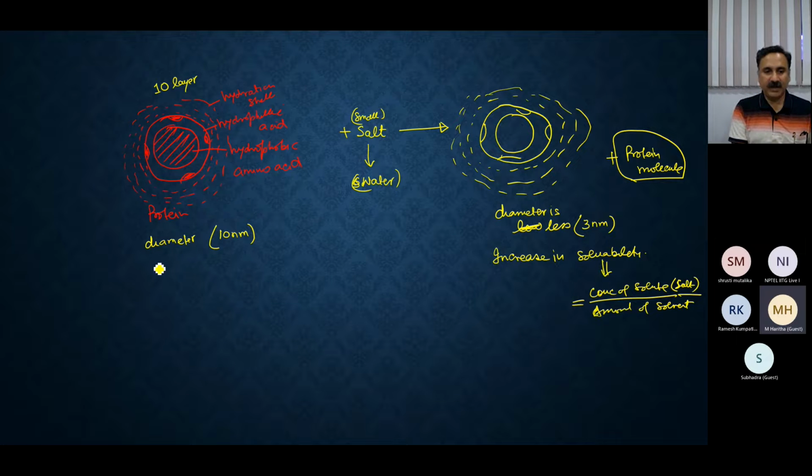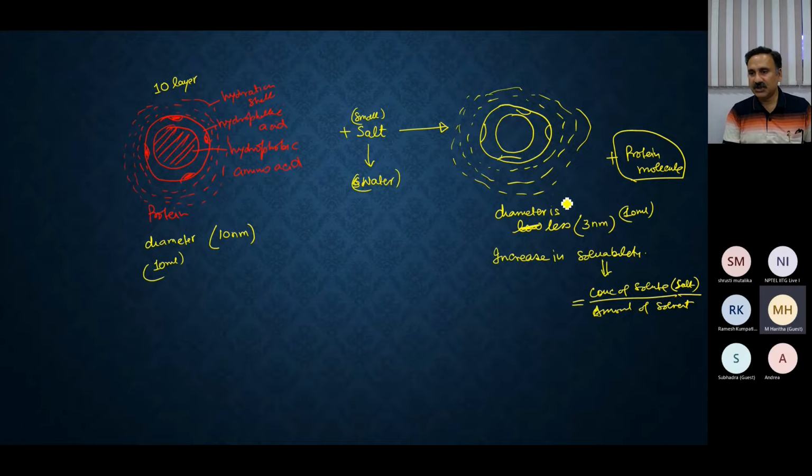Here I have taken 10 ml of the protein solution, and here also I have 10 ml of protein solution. Because you have removed some of the hydration shells, the diameter is less, so the size of the protein molecule is less. You have a lot of empty space, and that empty space can be taken up by additional protein molecules. That means you have increased the solubility.